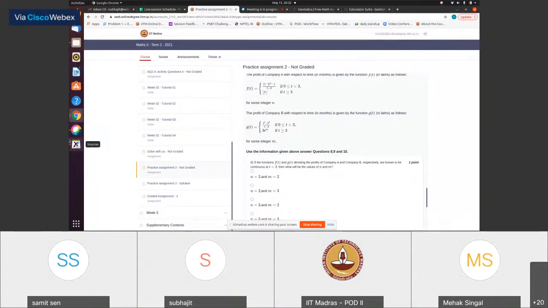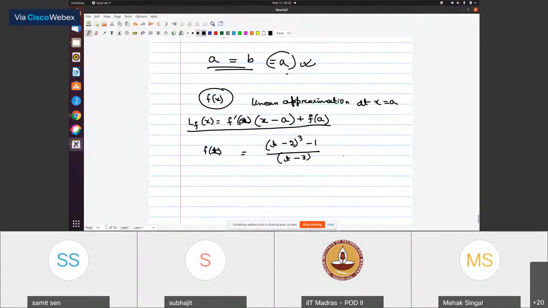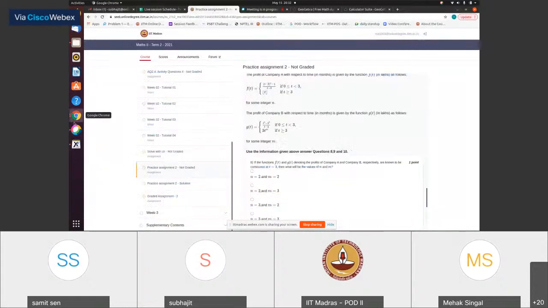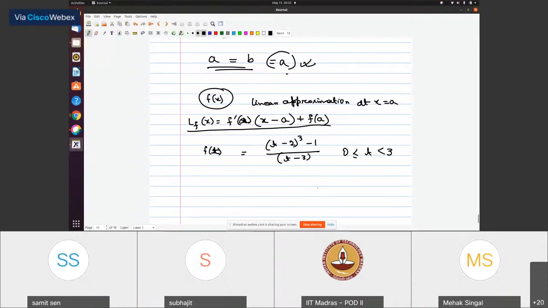So this is for t from 0 to 3, and for t greater than or equal to 3 this is floor of t. So these are the functions when this function is continuous at t equal to 3. Okay. Yes, sir.